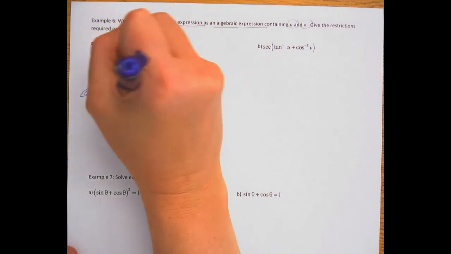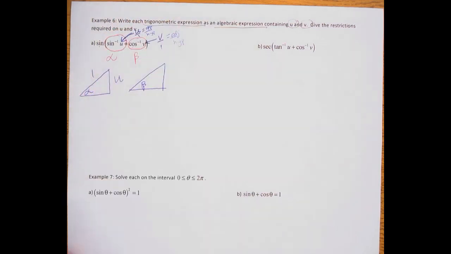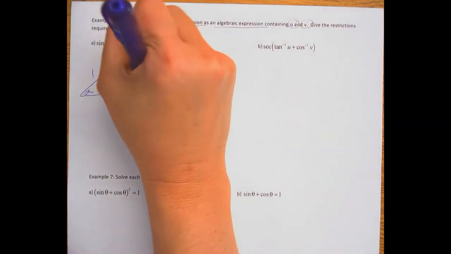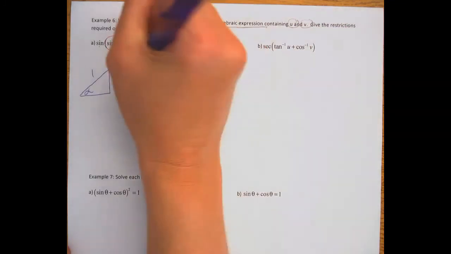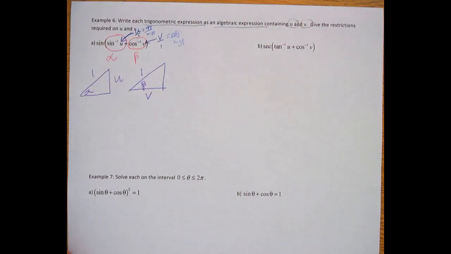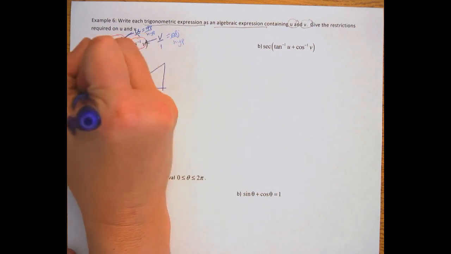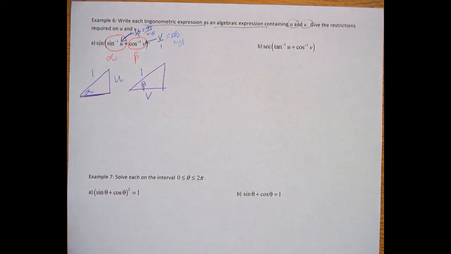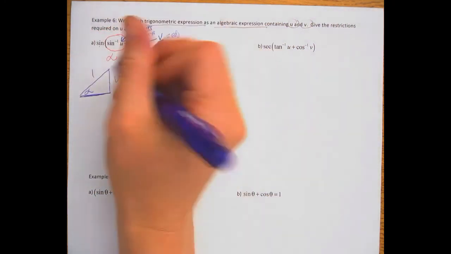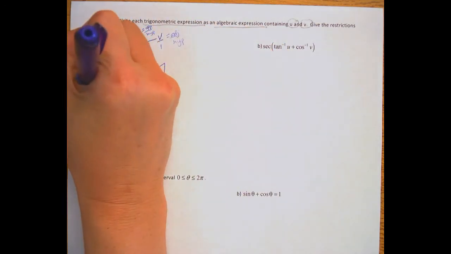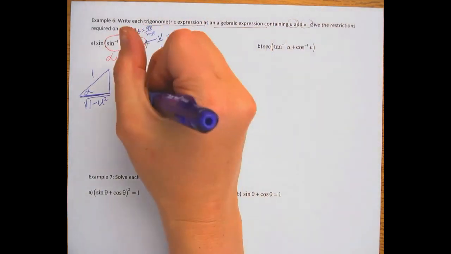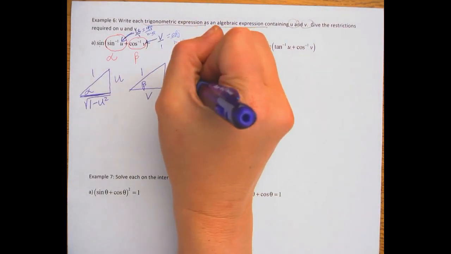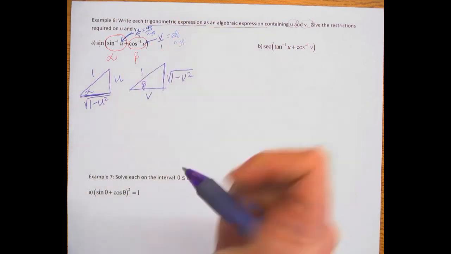But for angle beta, the adjacent side is V and the hypotenuse is 1. So here I would have to figure out the adjacent side for this triangle. So I would use Pythagorean theorem. And I would get that this side is the square root of 1 minus U squared. And then I would use Pythagorean theorem over here and find that this third side is the square root of 1 minus V squared.